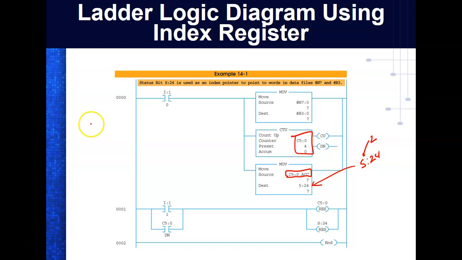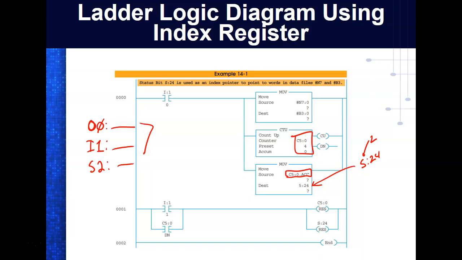It's just like outputs, which are actually data file 0, and inputs are actually data file 1. The status register is actually data file 2.